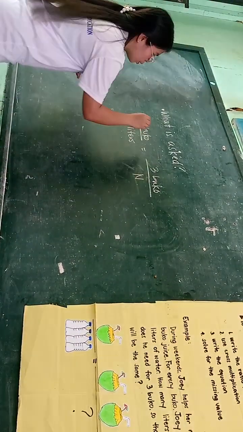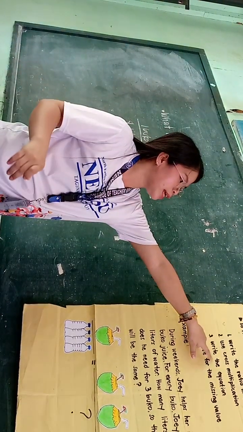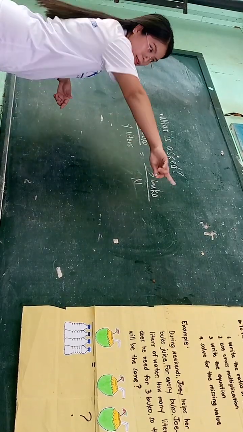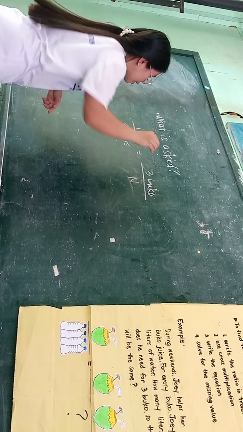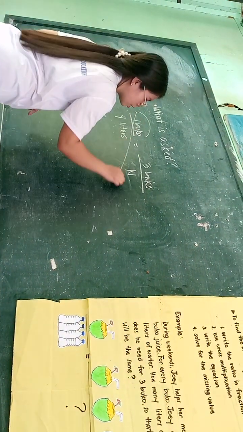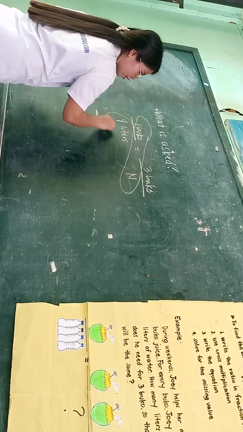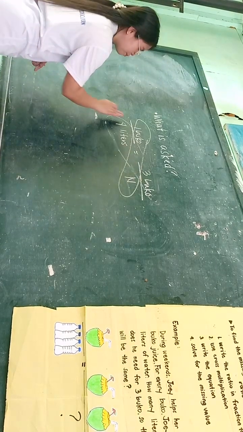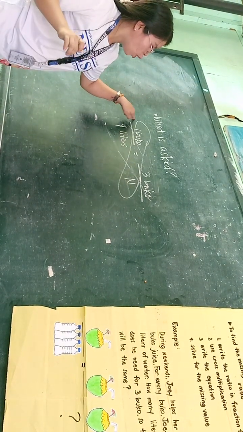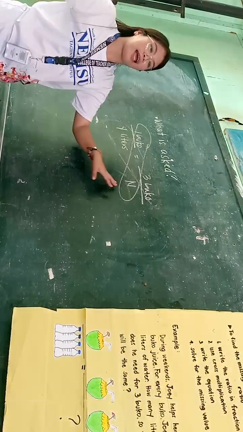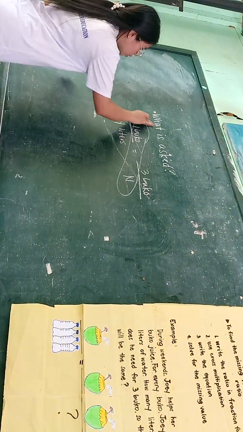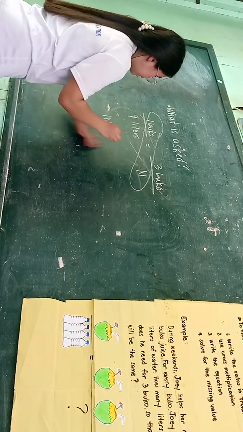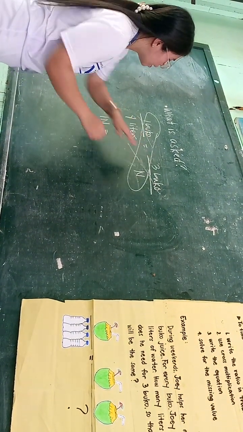Next is to write the equation and solve the missing term. As we said, it is cross multiplication. One buko times n, so we have 1n. 1n is equal to 4 times 3, which is 12.